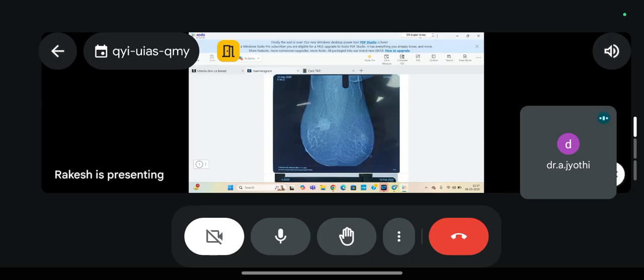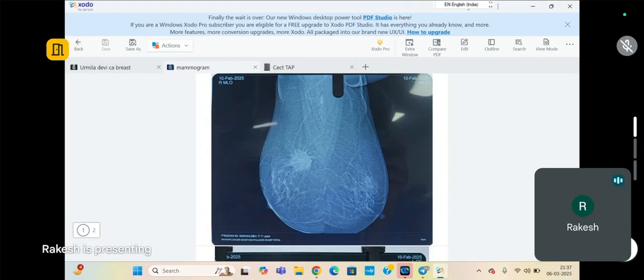Okay. So you were telling me about ACR grading. Next, what do you see? After ACR grading, we will start describing the lesion either from outside in or inside out. I will tell from outside.